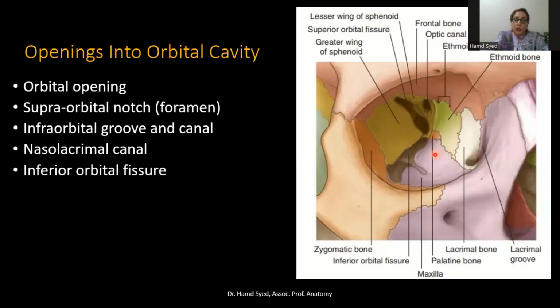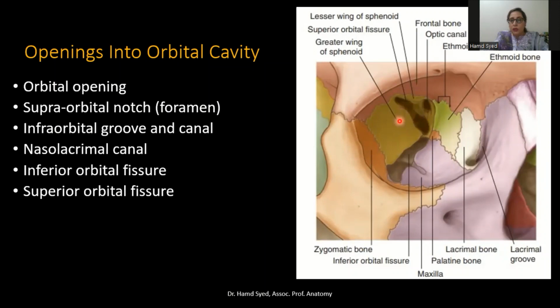Now, in the posterior aspect of the bony orbit, we see the inferior orbital fissure, which is present between the greater wing of sphenoid and the maxilla bones. This inferior orbital fissure transmits the maxillary nerve, the sympathetic nerves, and the inferior ophthalmic vein. Then we have the superior orbital fissure.